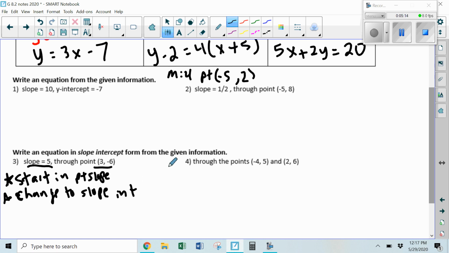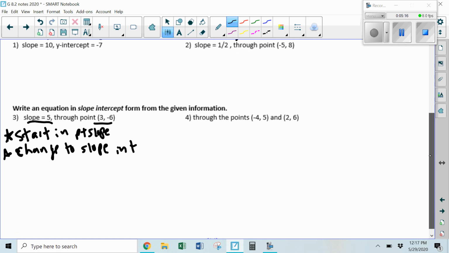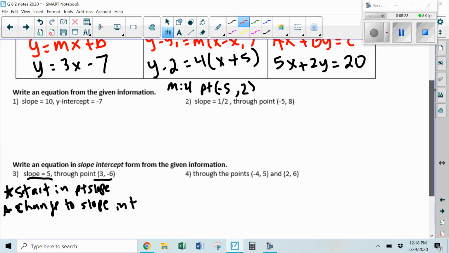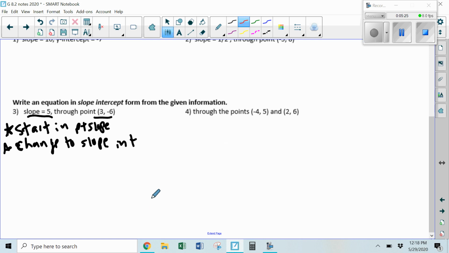So let's go ahead and start in point slope. The formula is, you have it on your paper, y minus y1 equals m times x minus x1. If you want to simplify this minus a negative, we can do that.